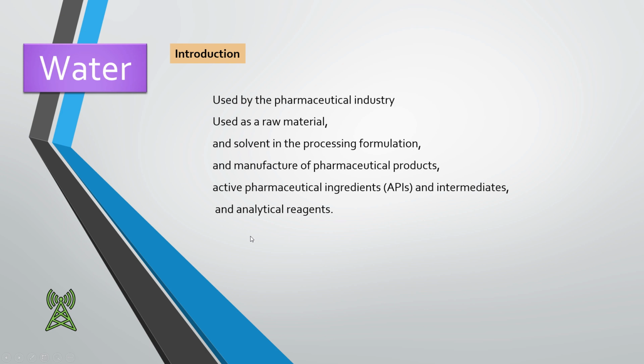And analytical reagents, many analytical reagents are prepared with the help of this water, as you see, naphthalene, methyl red, etc. All these things are dissolved in this water, and certain other things are also added to different reagents, and you have practiced in the class of chemistry.